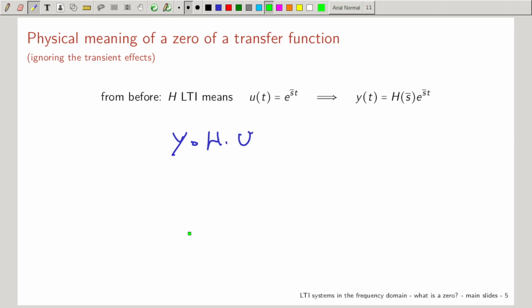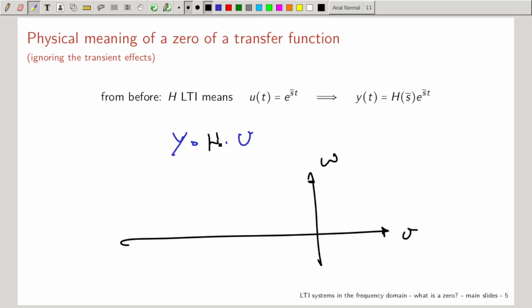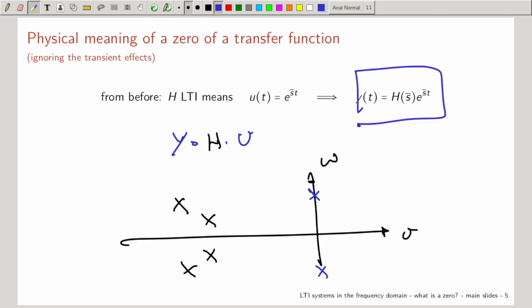If I look at stuff in terms of sigma omega, let's make H in black and U in blue. This one applies to the sinusoidal fidelity, and this one applies to the mode that stays. The modes that stay are those ones. Are you following me, people? 1, 2, 3. Perfect.